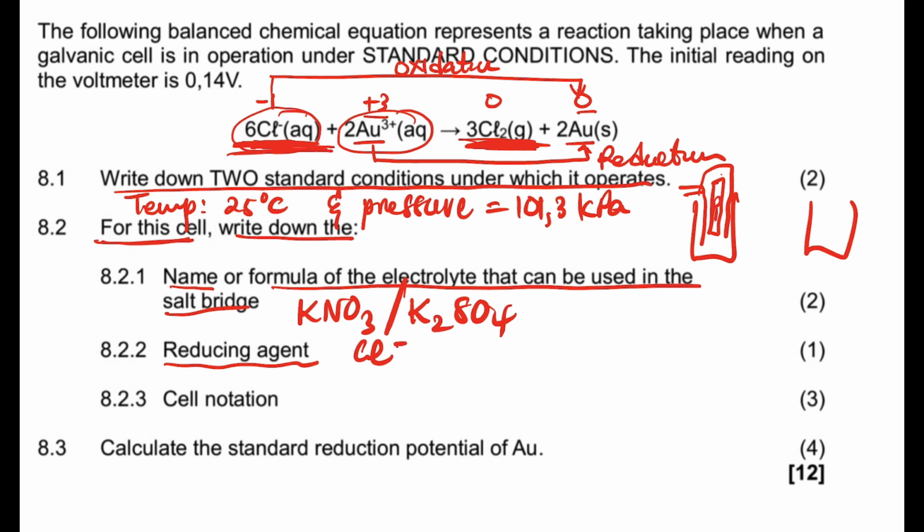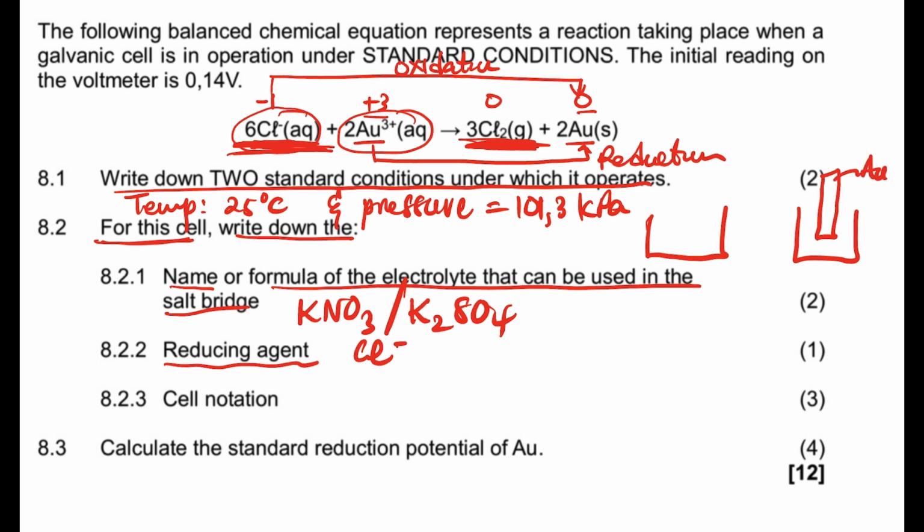So this is the platinum, Pt, and then there will be a chloride ion there, and then there's a salt bridge. Guys, I'm not drawing this correctly. Let me draw it again, a little bit bigger. So you have two beakers, and this beaker will have an Au, connected with that, and there's a voltmeter there. And in this one we'll have an electrode, which is the platinum, and then in that platinum there's a what?